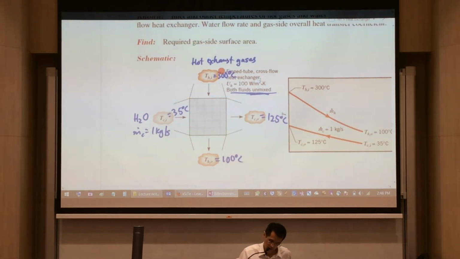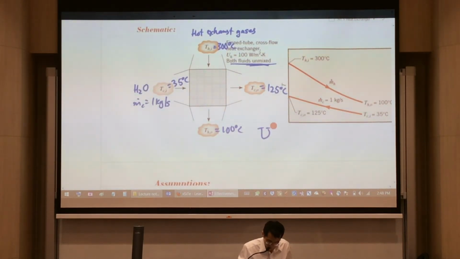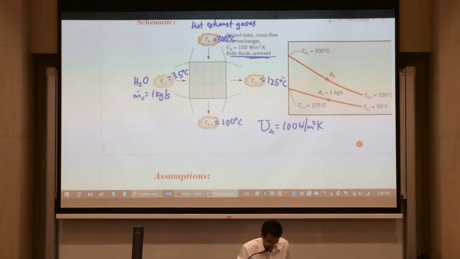Right? So those are the parameters that are given. You are also given for the heat exchanger, UH, which is your overall heat transfer coefficient, at 100 watts per meter square Kelvin. And you're asked to find out the surface area for the hot fluid.